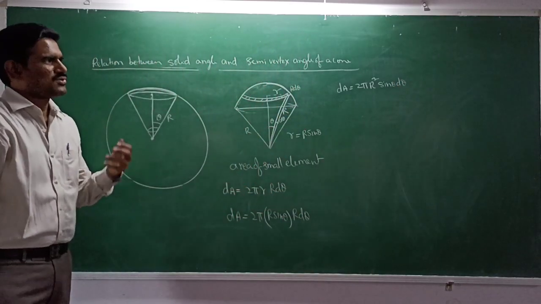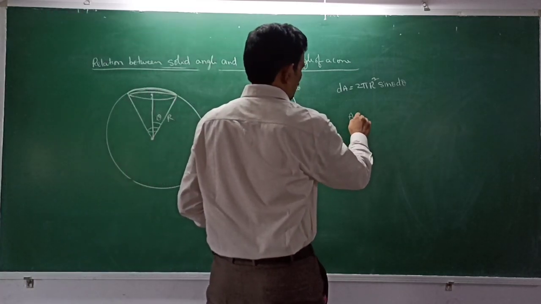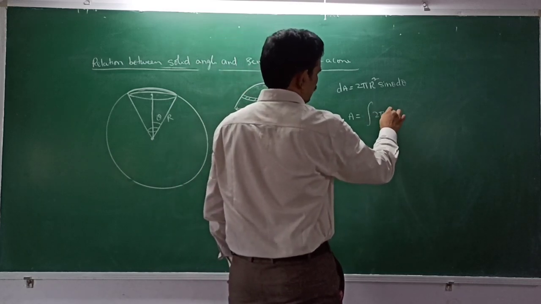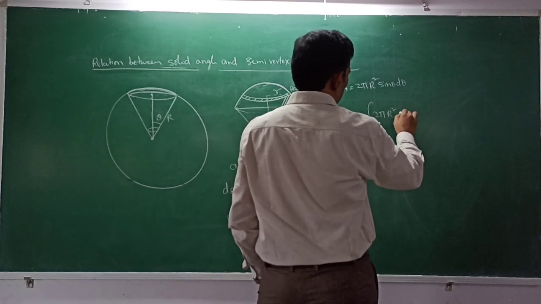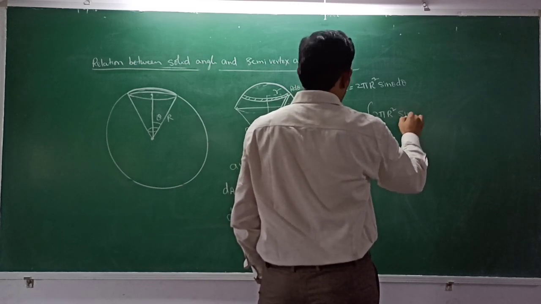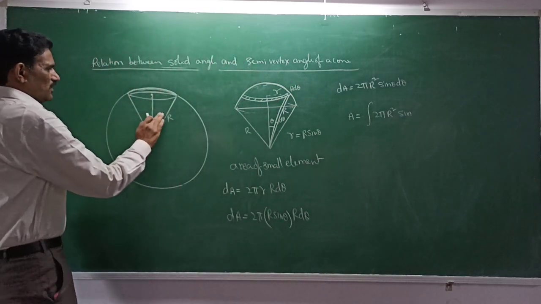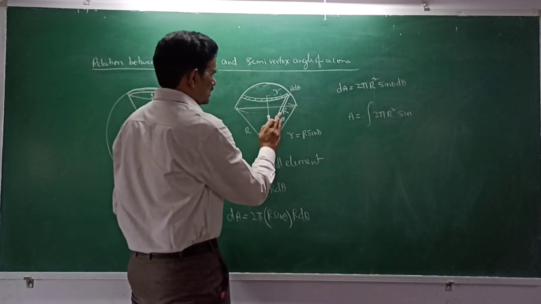So now we need to integrate that area of that element. So now the total area we can write as integral of 2 pi R square into sin. So do one thing, here we are taking this complete angle as theta. Then let us take these angles as phi and d phi here.